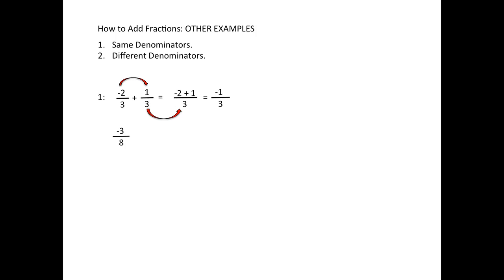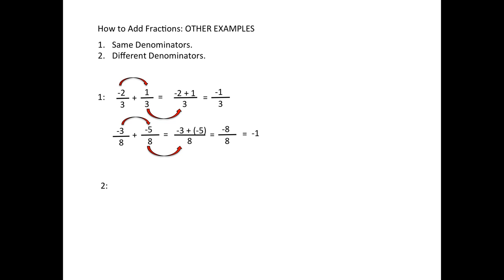Another example, negative 3 divided by 8 plus negative 5 divided by 8. Because you have the same denominator, you keep the denominator, and now you add the numerators because it's addition. Negative 3 plus negative 5 is negative 8 divided by 8, and negative 8 divided by 8 simplified is 1.